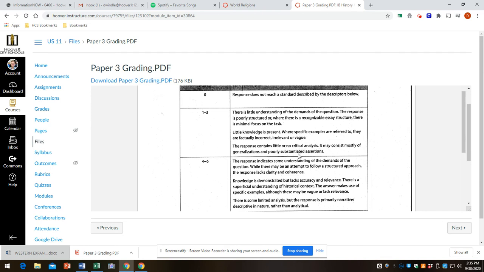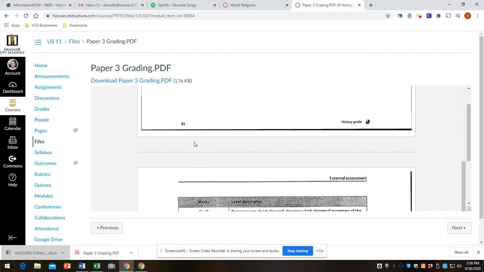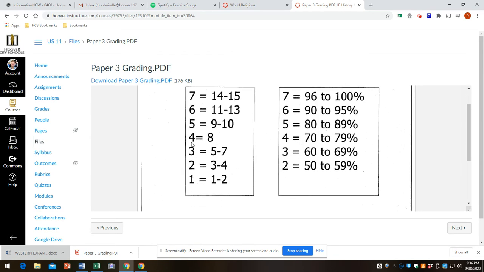It may consist mostly of generalizations and poorly substantiated assertions. This is bad, but you can still get 3 marks, and 3 marks, well, that will be a 2. That will be an F, but if you can just be a little bit above that, it's almost impossible to fail one of my tests.